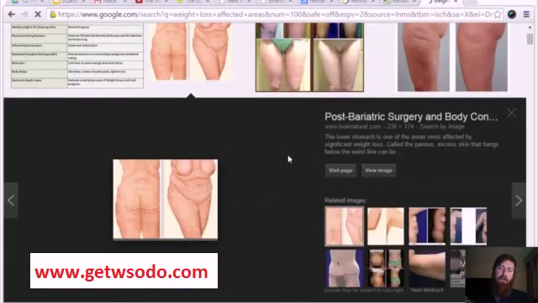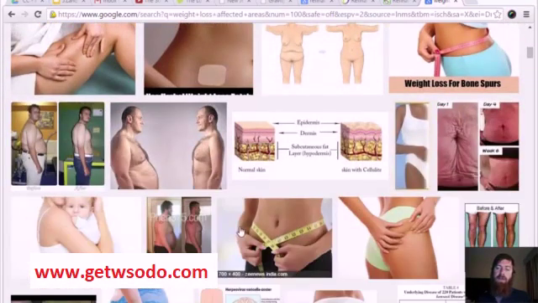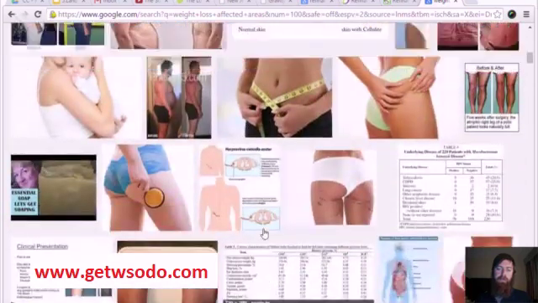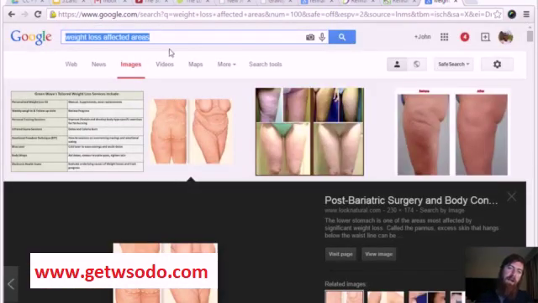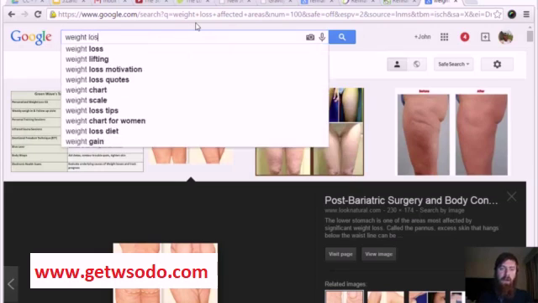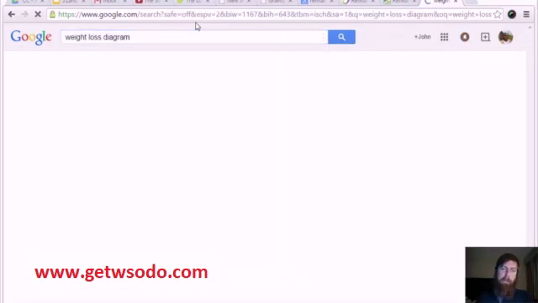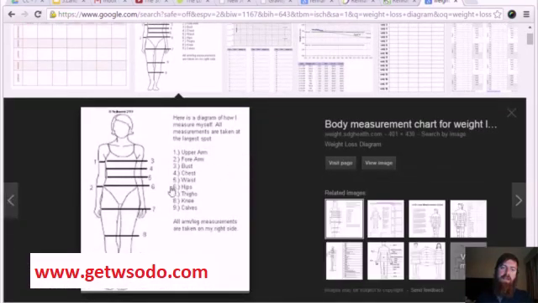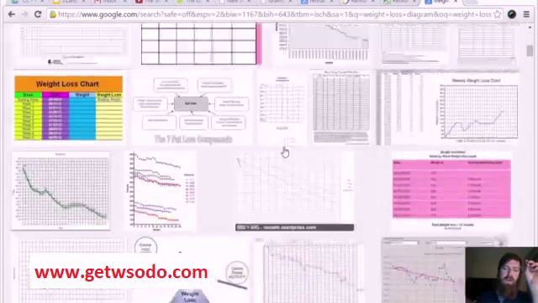If somehow maybe just next to this you said, these are the areas where our diet pill works the most, that would be effective. Let's see, weight loss diagram. Now see this picture, it looks scientific. It looks like there's some sort of correlation there.